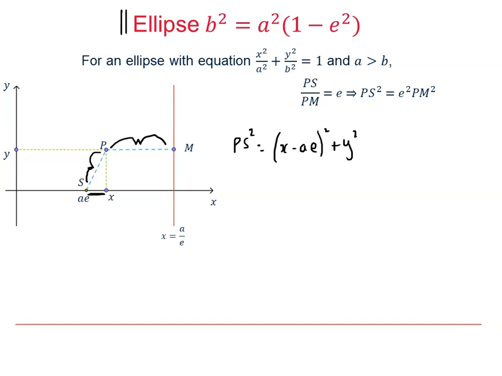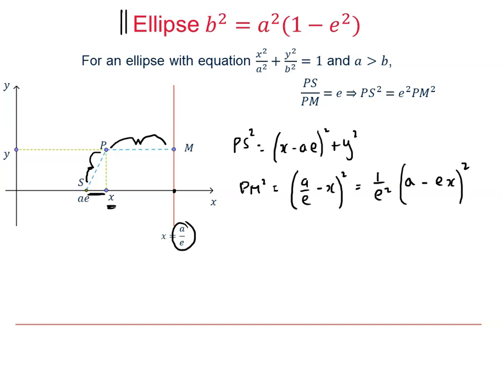And PM will be from the directrix, which is a over e, back to x, so PM squared will be equal to a over e minus x all squared. And if I take out e as a factor from that, it will be 1 over e squared multiplied by, in the bracket, a minus ex, all squared.